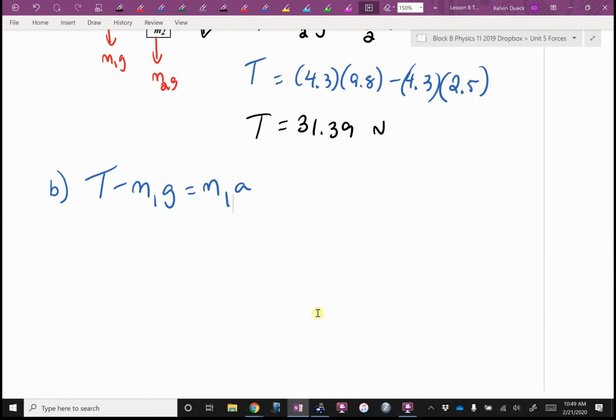Just saying. Ooh. How many M1s do I have, Gabe? In this equation? How many would I prefer? Yeah. This was what we ran into. Oh, we said, first of all, get the M1s to the same side. I think I'm going to plus the M1G over.